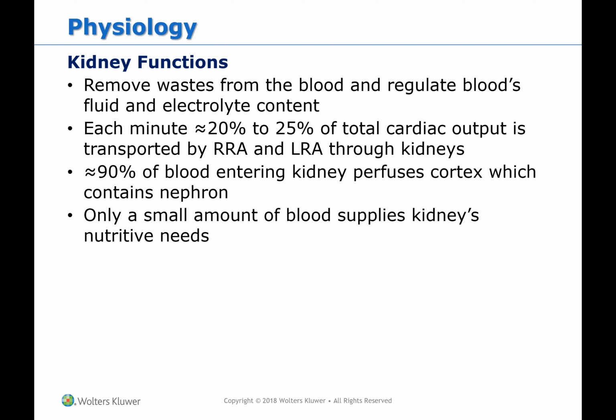And 90% of the blood entering the kidney perfuses the cortex, which contains the nephron. Only a small amount of blood supplies the kidneys' own needs. So all that blood going in, and why it's so vascular, is because the kidneys are filtering it all out so that we can have good, clean blood.